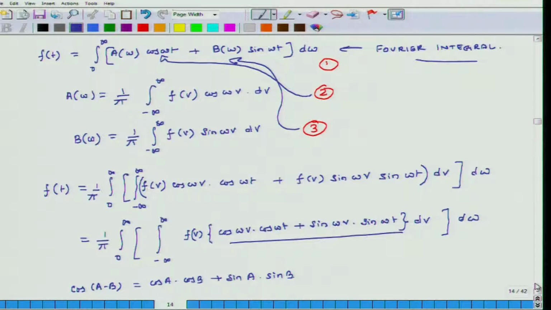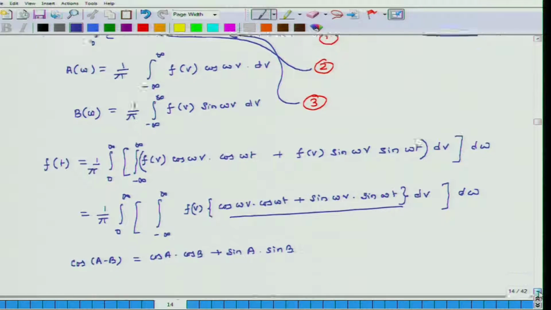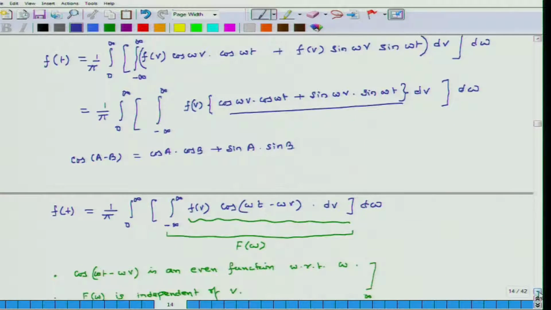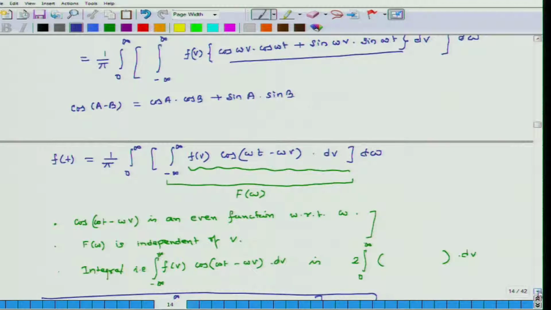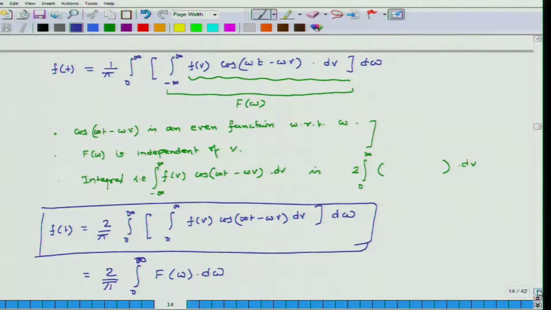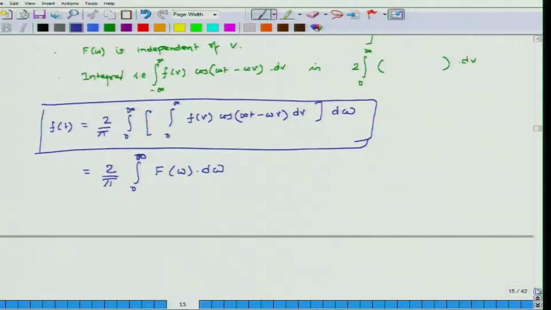We have substituted those values, did some mathematical manipulation, and we have transformed f of t into a function which is nothing but 2 over pi integral of F of omega d omega from 0 to infinity, where F of omega is defined as this function, which is f of v times cosine omega t minus omega v times dv integral from 0 to infinity.